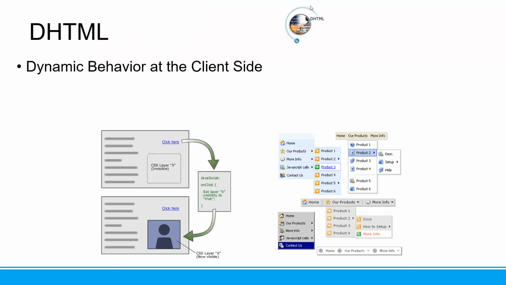We have the DHTML. DHTML means dynamic HTML. It has dynamic behavior at the client side. So whenever we connect to a web page, we can do something. We can do our own behavior because they have JavaScript.